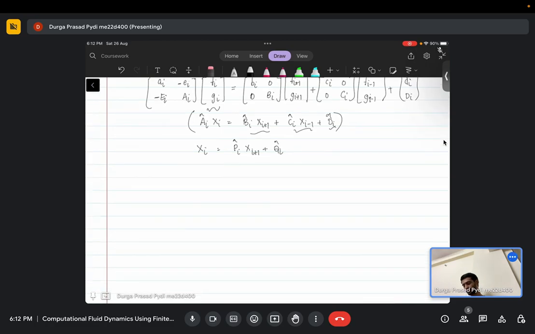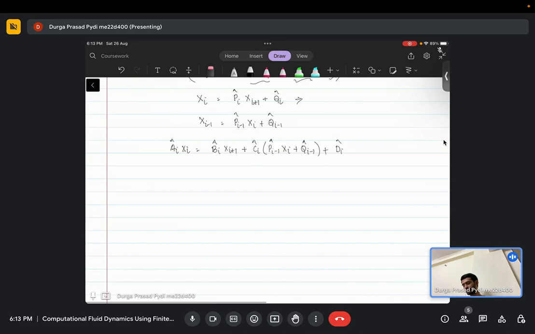If you start with this, you then write xi minus 1 as pi minus 1 xi plus qi minus 1. Now you substitute back in the original equation. So you have ai hat xi equals bi hat xi plus 1 plus ci hat times pi minus 1 hat xi plus qi minus 1 hat plus di hat.